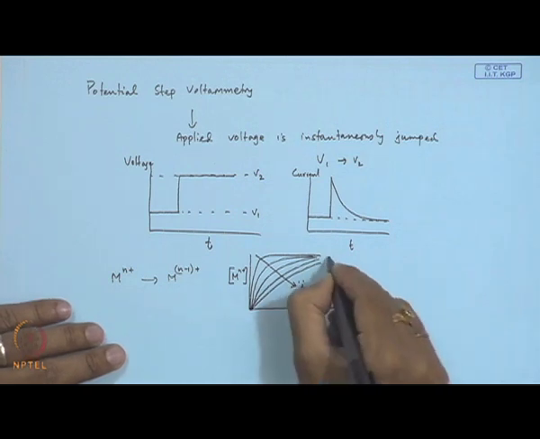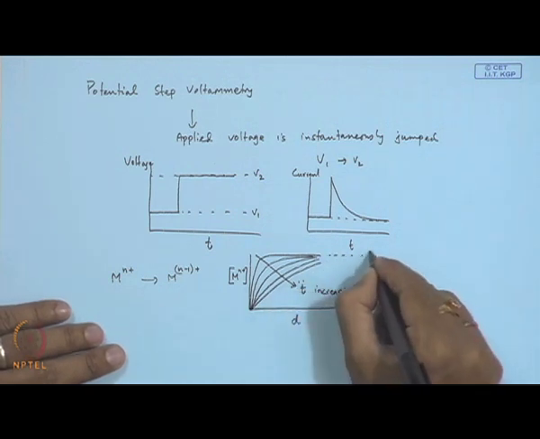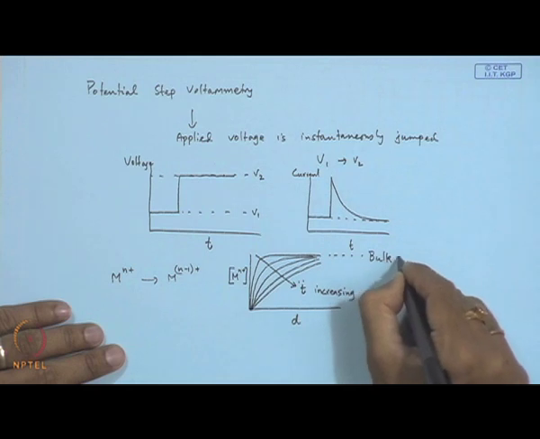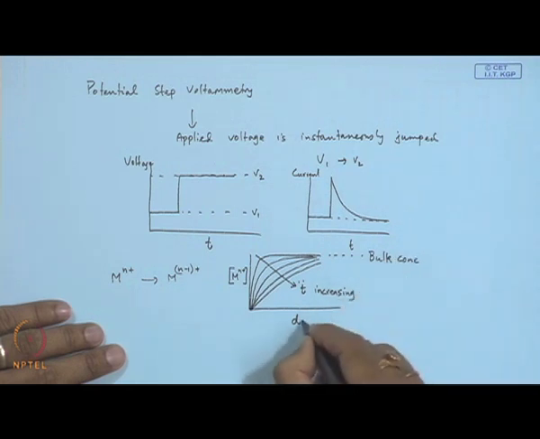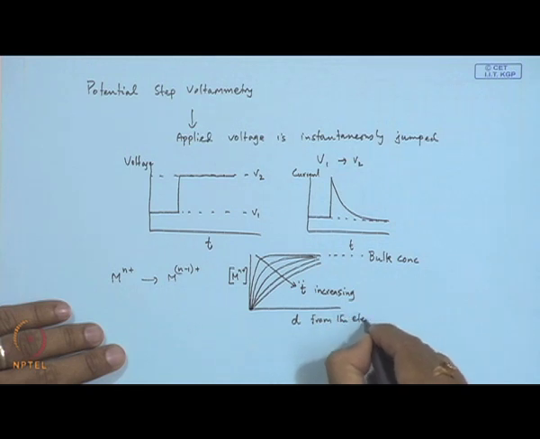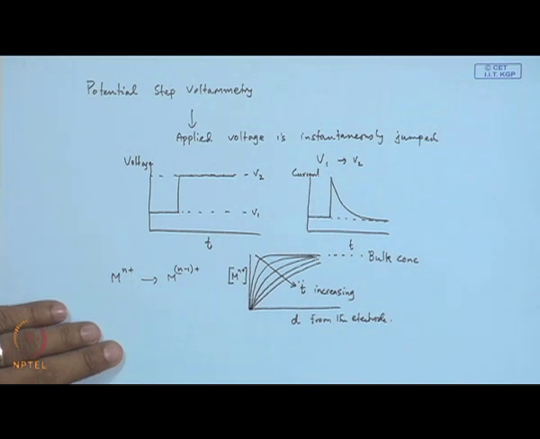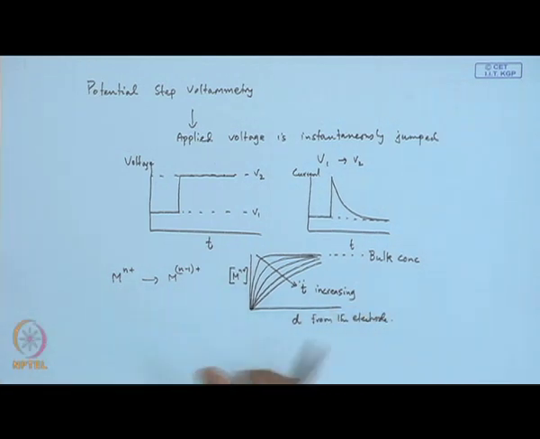This is your bulk concentration, and this is a distance d from the electrode. This gives you the idea of how the concentration is changing, which is ultimately related to your rate of electron transfer.